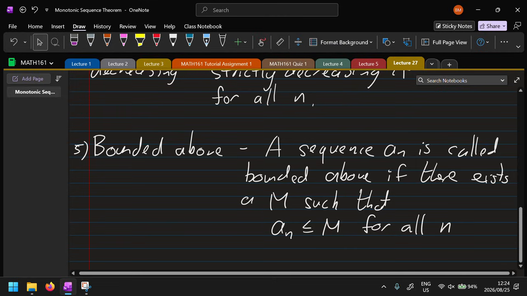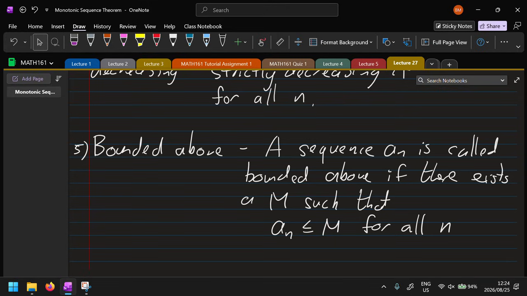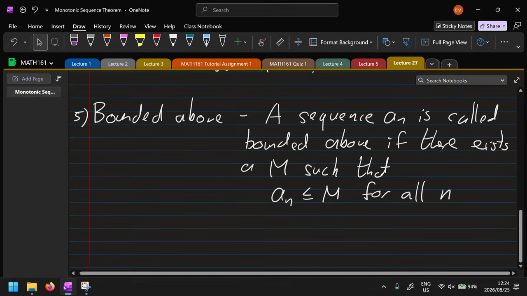So it's bounded above if the sequence doesn't go above that maximum value, capital M. Note that this capital M is not unique.